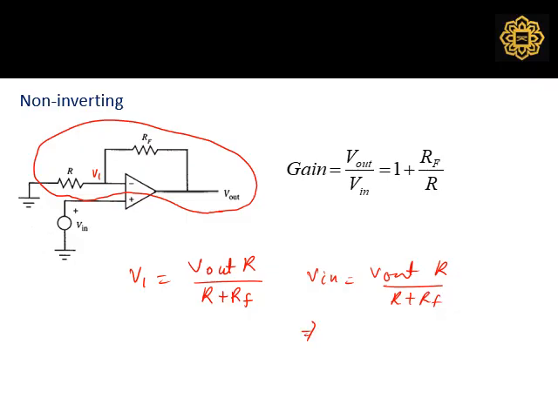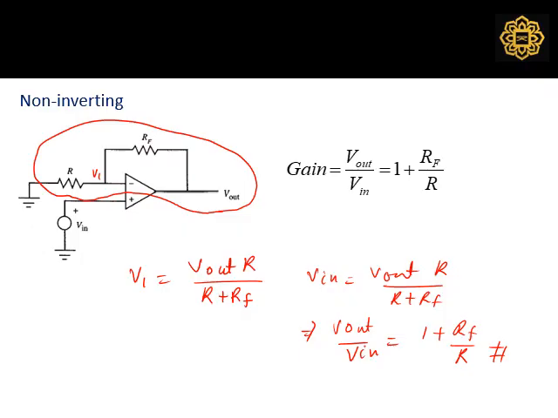So V out by V in equals 1 plus RF by R. This is the case for the non-inverting amplifier.